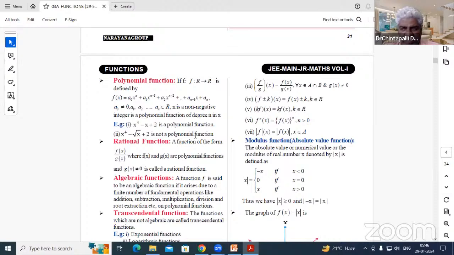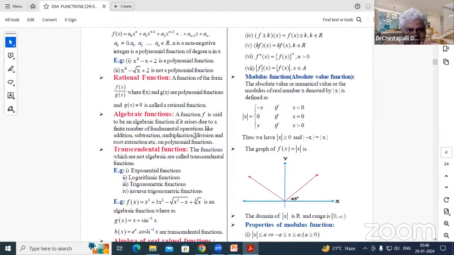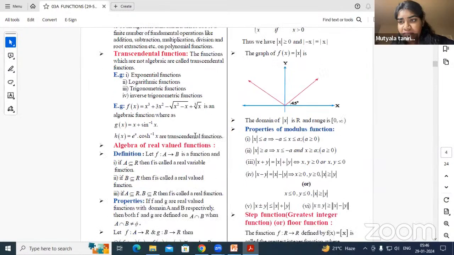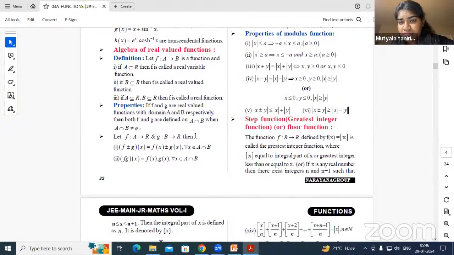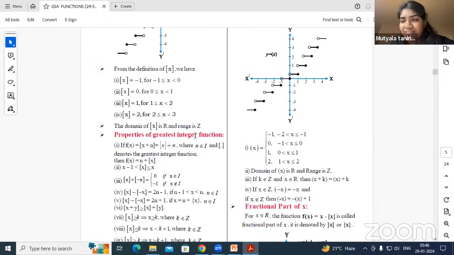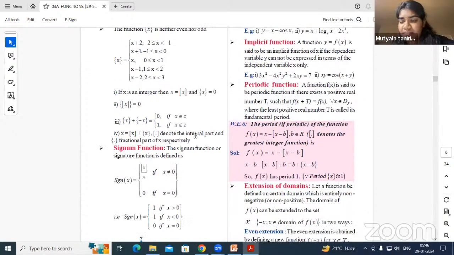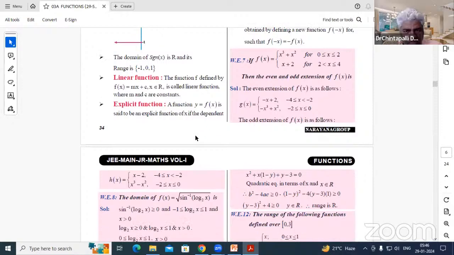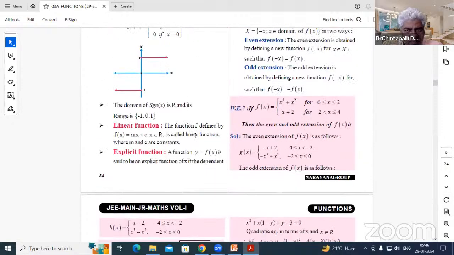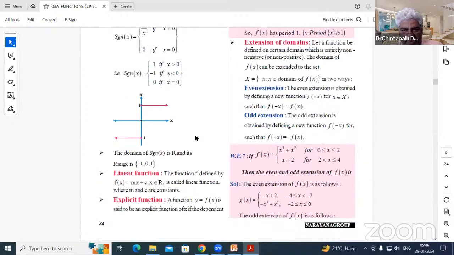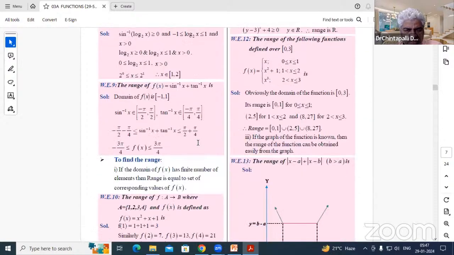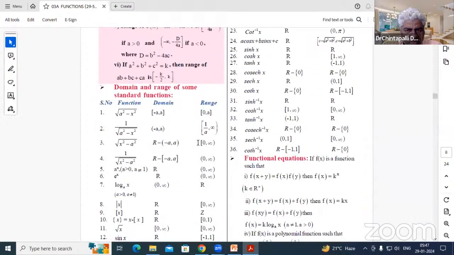Do you have the even function and odd function concept? No, sir. I never even heard about odd functions. Never heard about it. Implicit function, yeah, you will be learning. Linear function, explicit function, odd function, and also about domain and range.